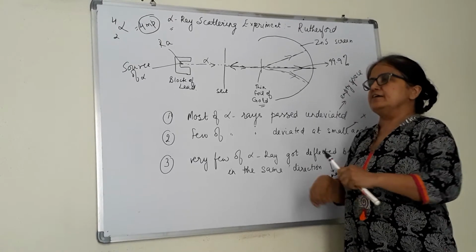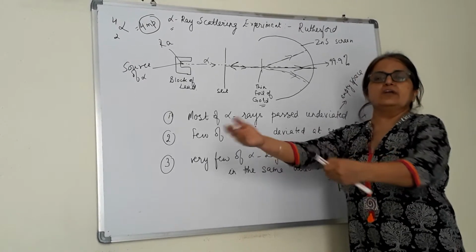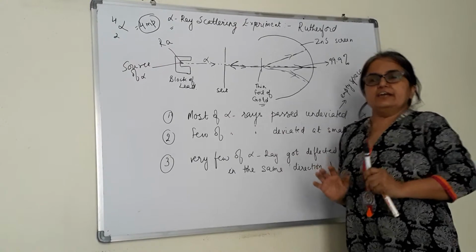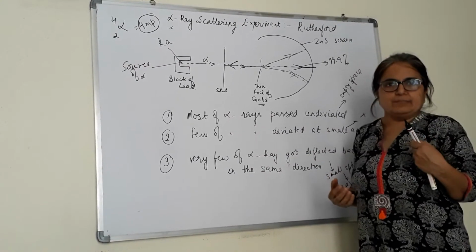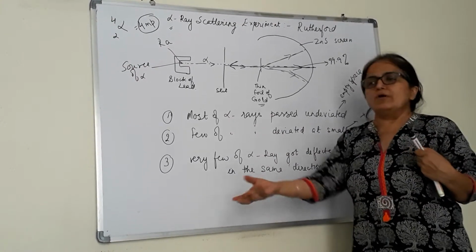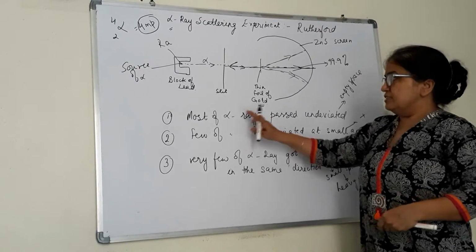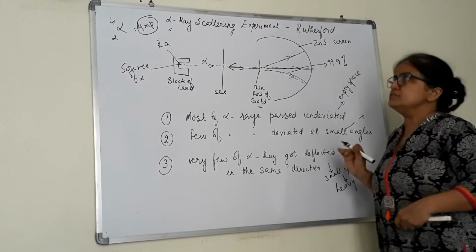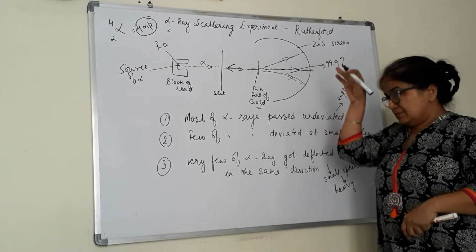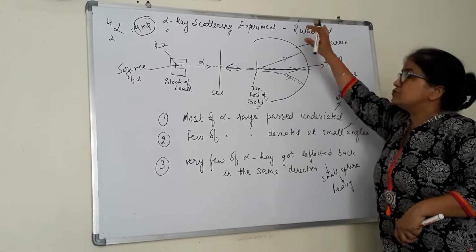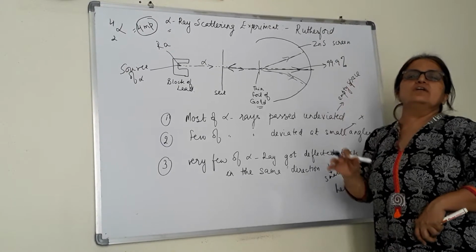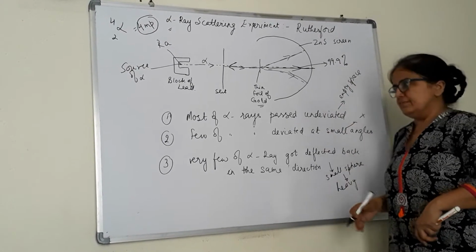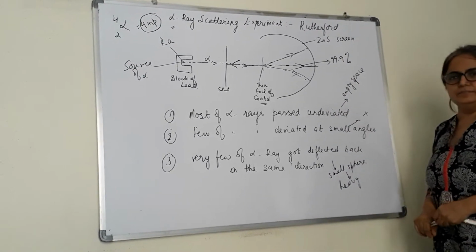Say if the cyclist is moving towards the truck, if he hits the truck, then he will come back in the same direction. Okay, something like the ball example which I had given you. So these were the three observations, these are the three major conclusions. Now on this basis, actually he has also given Rutherford's model of atom. Okay, we will come to that. You can note down this till then.